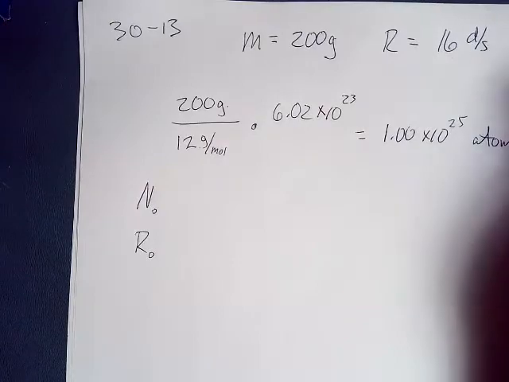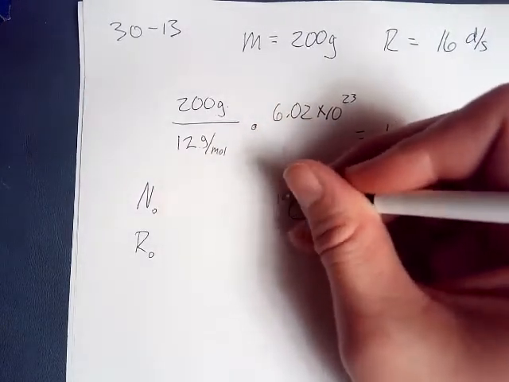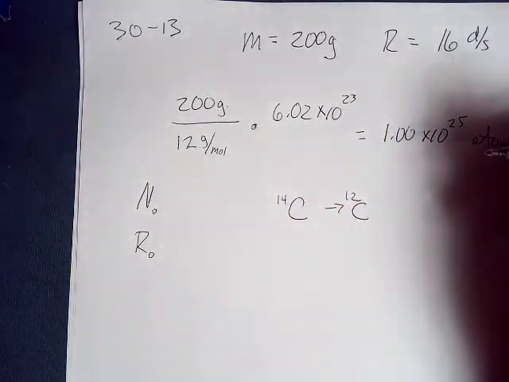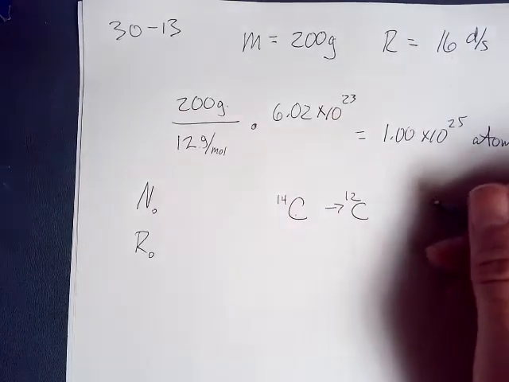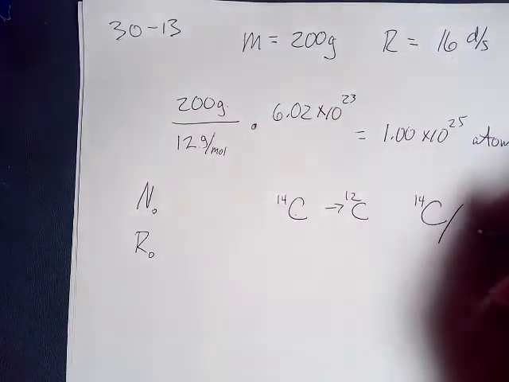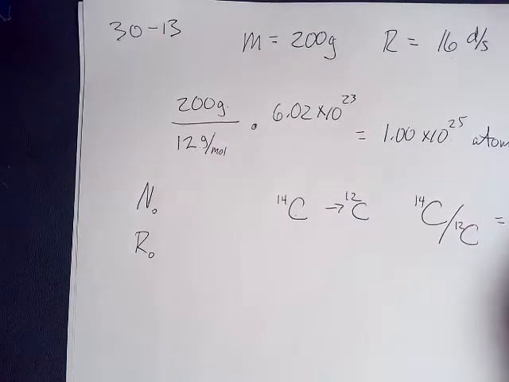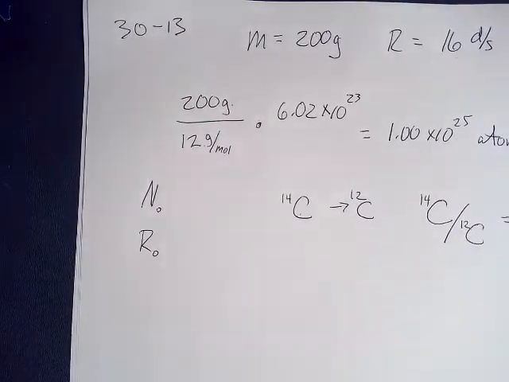Okay. Now we're sort of modeling this as a C14 to a C12 process. But it was never all C14. So basically with carbon dating you get sort of an atmospheric ratio of C14 to C12. It's a very small number. 1 out of a trillion, right?